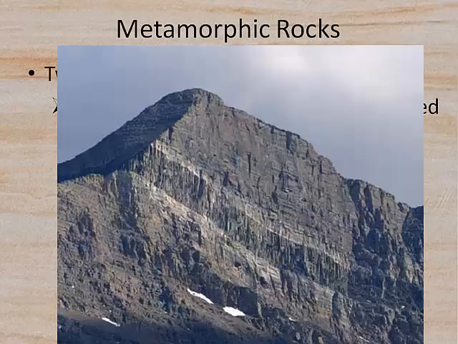Here's an example of local metamorphism. This is the Purcell Sill that's present in Glacier National Park. Here is some basalt that was deposited in a crack in this parent rock when magma forced its way into the crack. If you look carefully, you see right along the basalt, this rock looks whitish, but if you move out a little bit, it's its normal gray color.